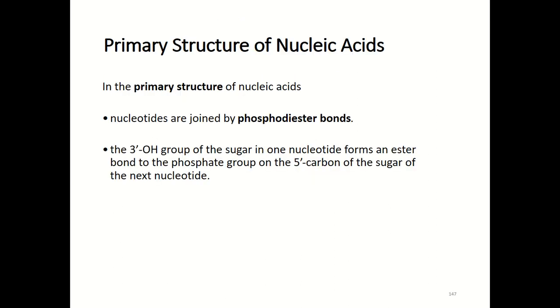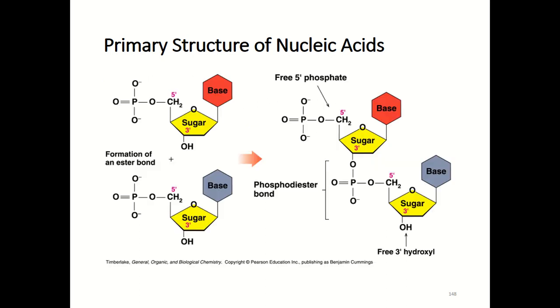So, I already mentioned this one just now, in which the structure of the nucleic acid is linked by a phosphodiester bond or phosphodiester linkage. Okay, as you can see over here, this is one molecule of nucleotide.